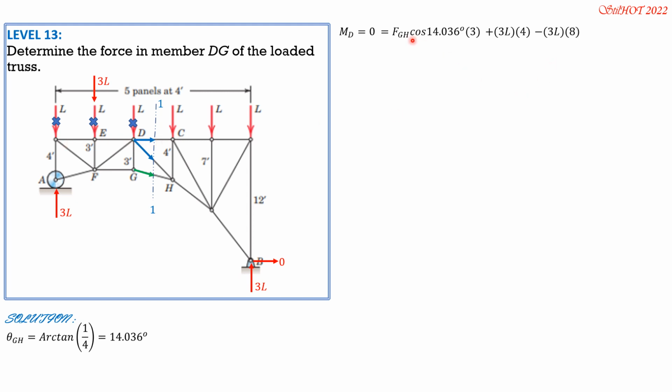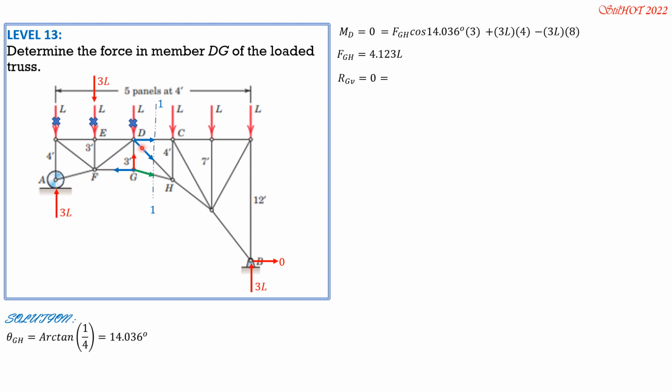So from there, we can solve FGH in terms of the load L. FGH is positive 4.123L. Having found FGH, we isolate joint G by method of joints. This is the force in FDG. This is the force in FFG. So the equation is summation of vertical forces equals 0.